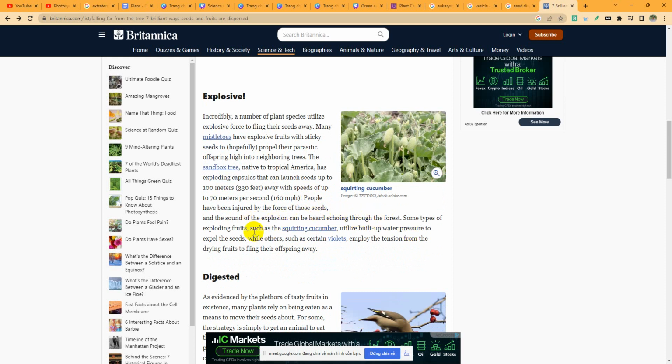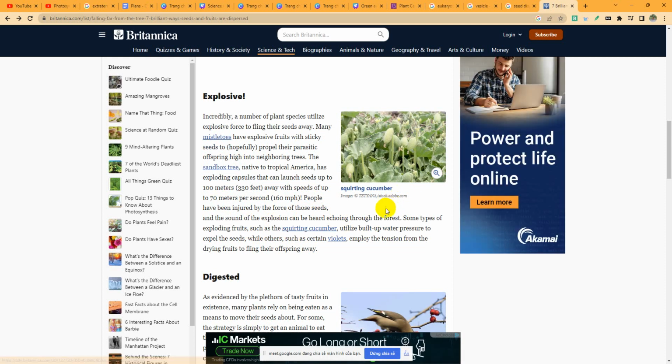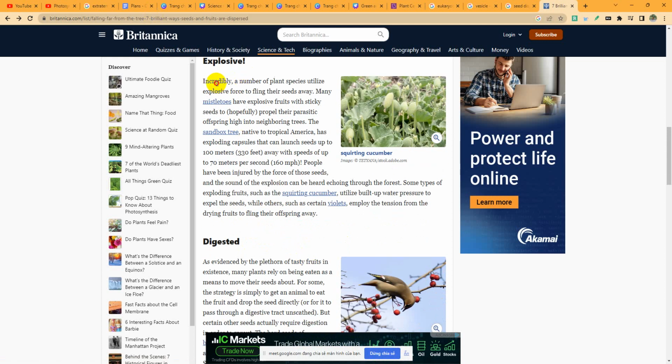Some types of exploding fruit, such as squirting cucumber, like in this picture, utilize built up water pressure to expel the seeds, while others, such as certain violets, employ the tension from the drying pods to fling the offspring away. Alright, really incredibly amazing. Basically, the plant will use explosive components to send the seeds far, far away. I think it's absolutely captivating too.